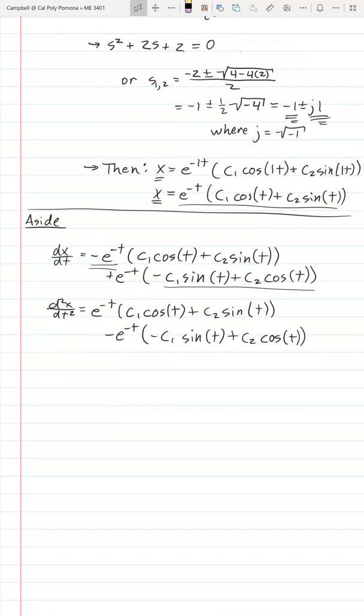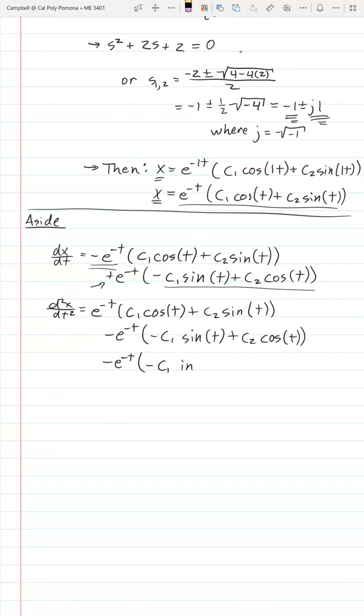Now we have to do the same thing, but for this term. So we get now, starting with this exponential function, a negative e to the negative t, all of that times, and here we haven't changed anything in the parentheses, so we get a negative c1 cosine. Oh, sorry, I got off by one line.